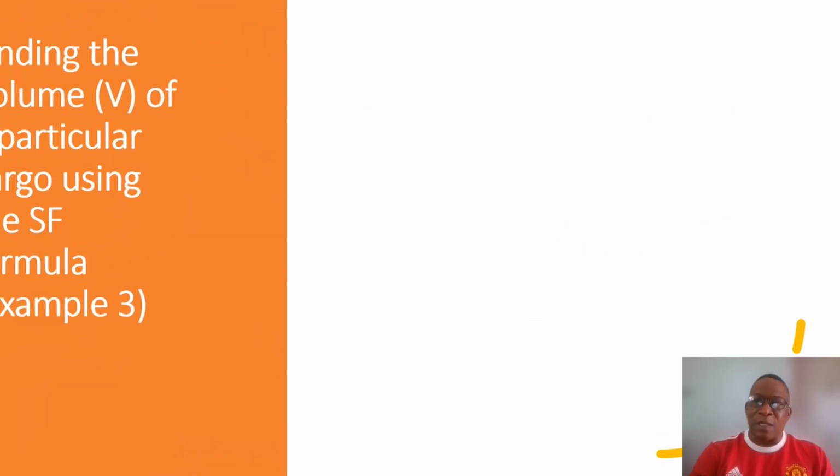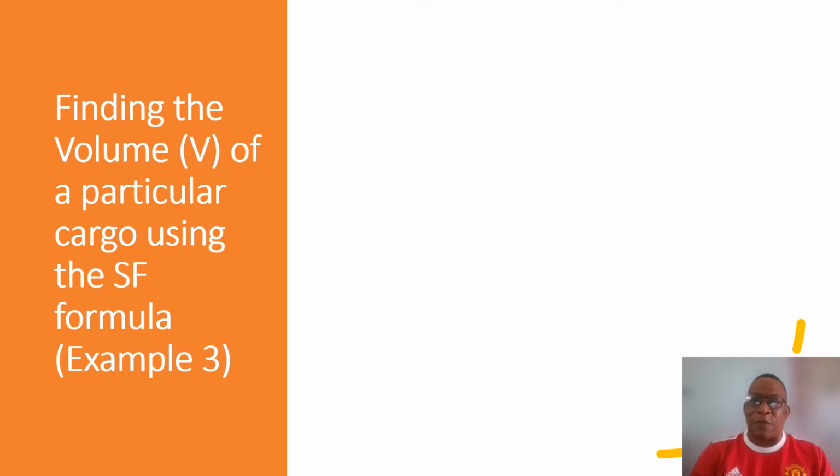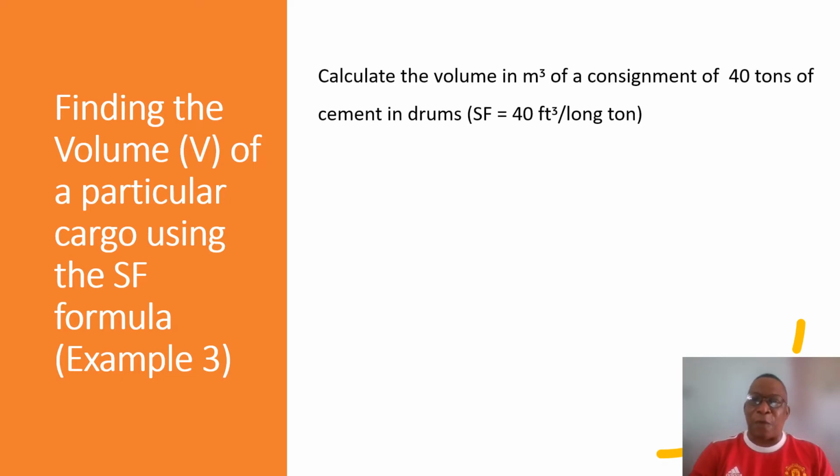Now, this question is a little different. As you can see, you're given the stowage factor in a different system from the weight. We therefore need to use a conversion factor to change from an imperial stowage factor to a metric stowage factor, 35.88. And this is from a previous video on weight and conversion factors.